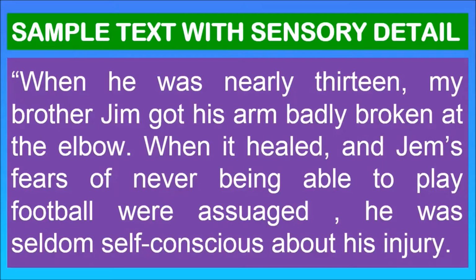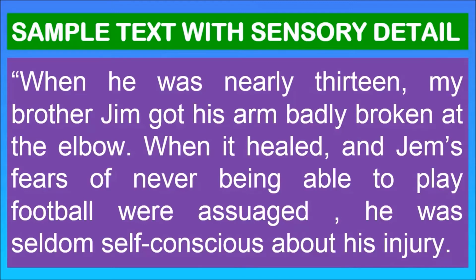So this text shows us a lot of sensory detail. And what are those details? You can read here that when Jem was 13, his arm was badly broken. And where?